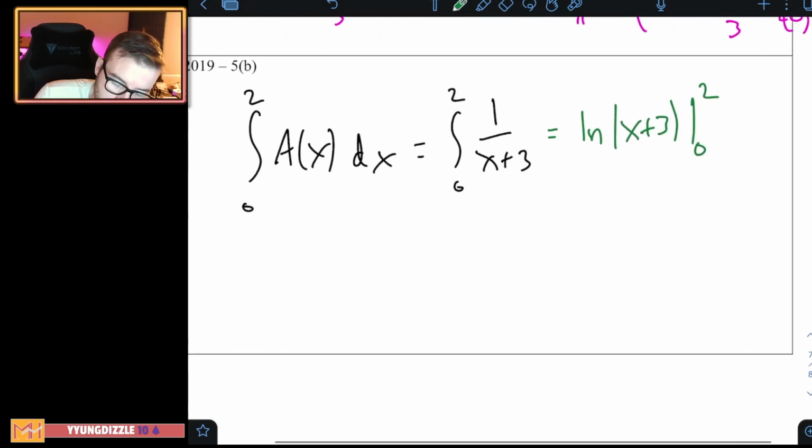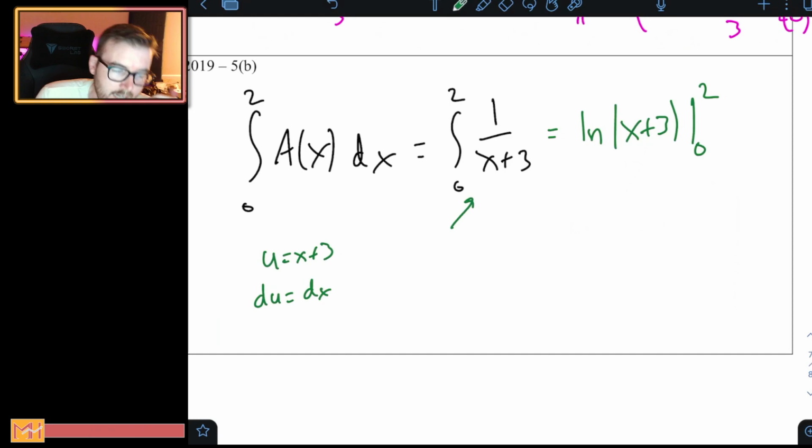What do I mean by nuanced u substitution? U equals x plus 3. So when I take the derivative of each side, I discover that du equals dx. Why is that true? Because the derivative of x is simply 1. So when I u substitute, I get 1 over u.